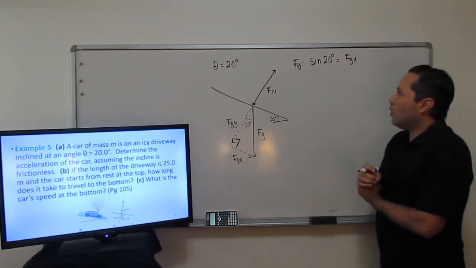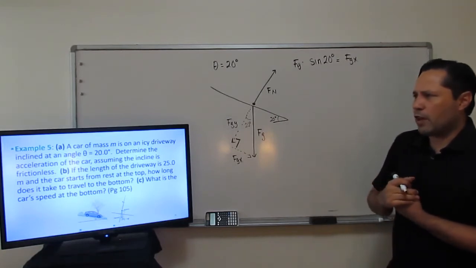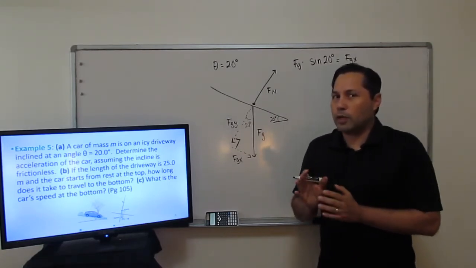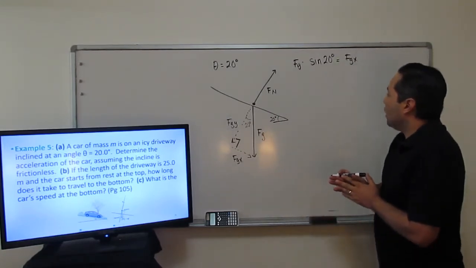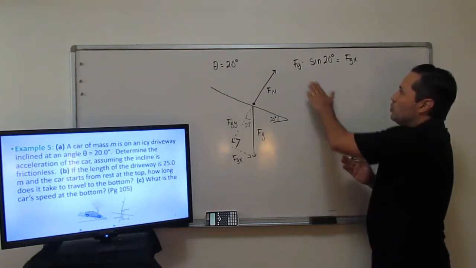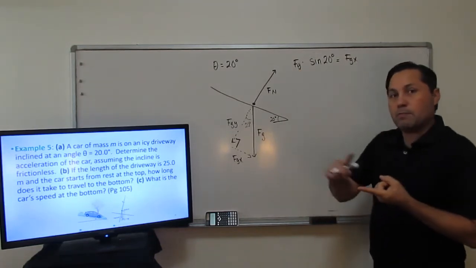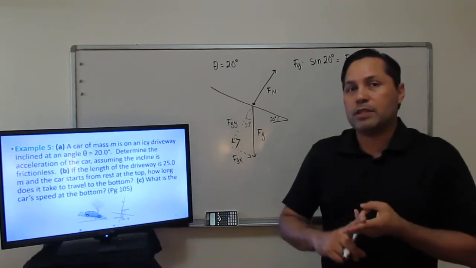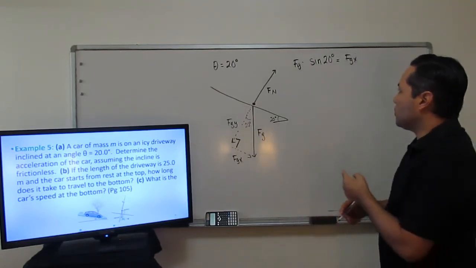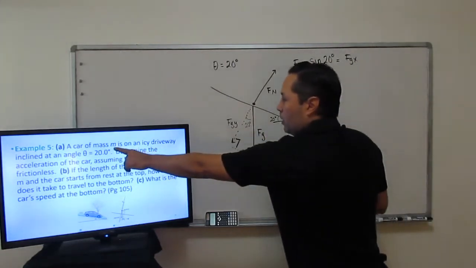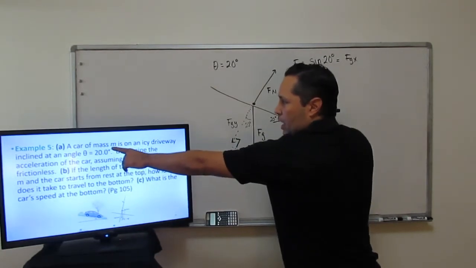Alright, next, do we have the value for force gravity? We actually do not. But what we do know about it is that force gravity is mass times g. So I'm going to substitute that because they wanted us to use m for the mass.